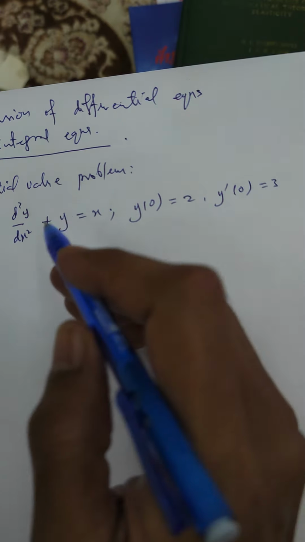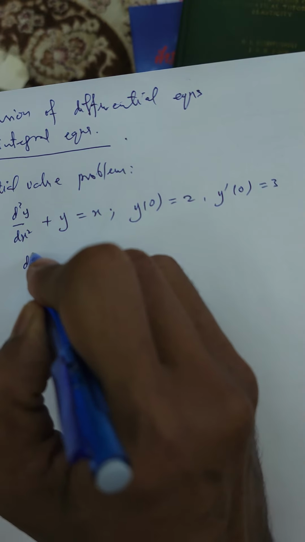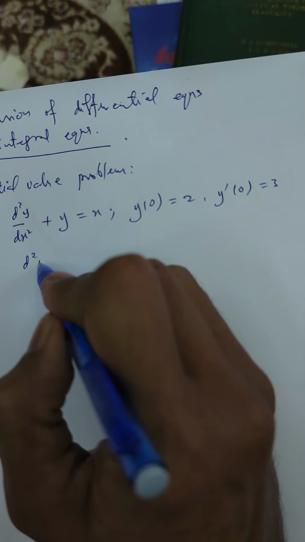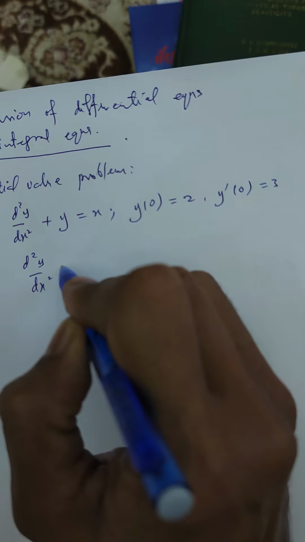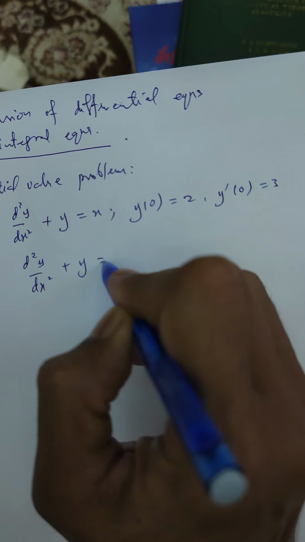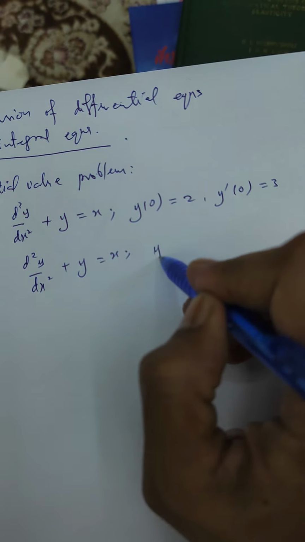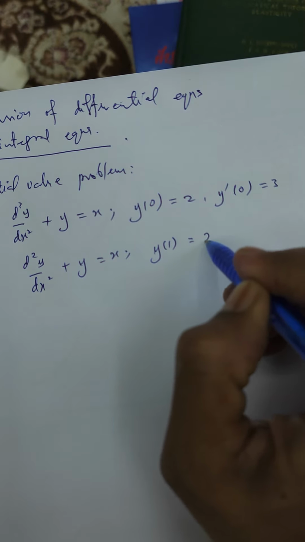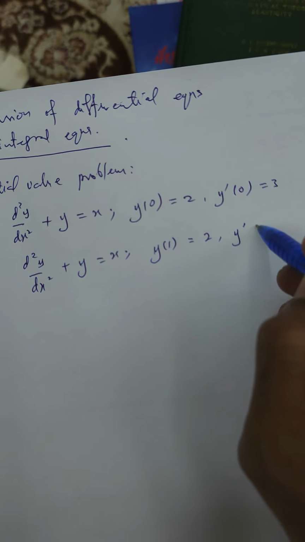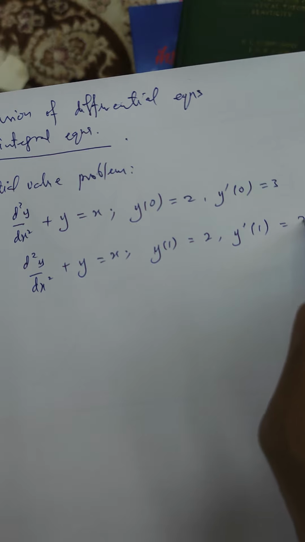As well, if we have another example, d²y/dx² plus y equal to x, with the condition y(1) equal to 2 and y'(1) equal to 2.